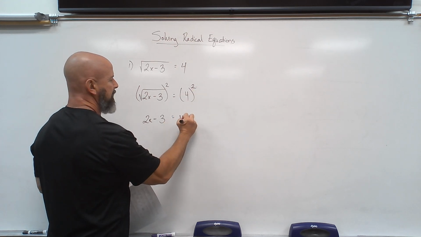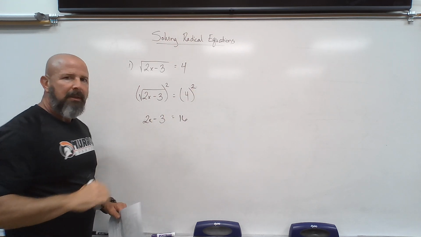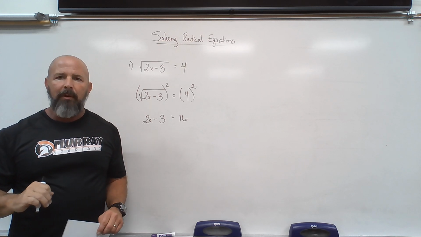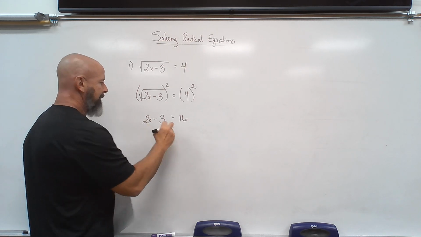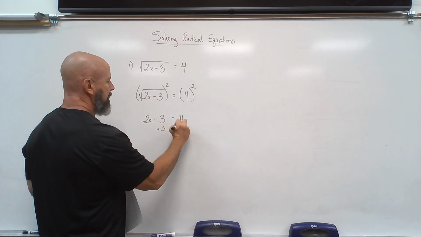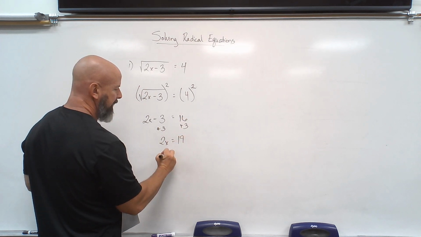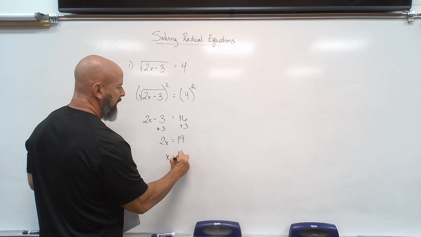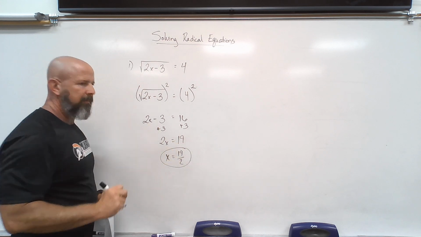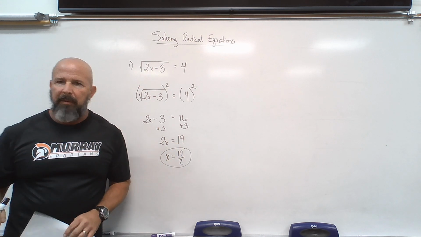And 4 squared is 16. Now that looks like a much easier situation for me to work with. I'll add my 3. 2x then is 19, and then I can divide by 2. X would be 19 halves. Or, again, a decimal would be fine too.